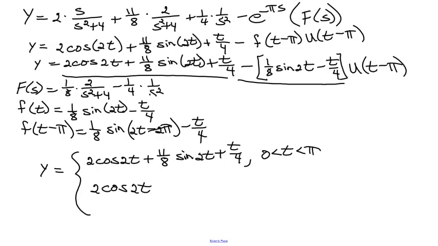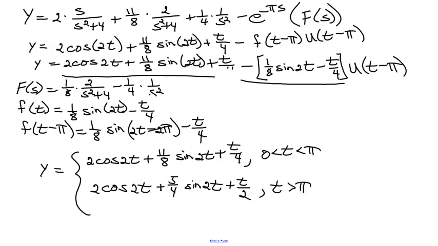Well, that's going to give us 10/8, which is the same as 5/4 sine 2t. And then we had a plus t over 4 here, minus a negative t over 4, which is going to be plus another t over 4. So we're going to get 2t over 4, or t over 2. And that's for all the t's that are greater than pi.